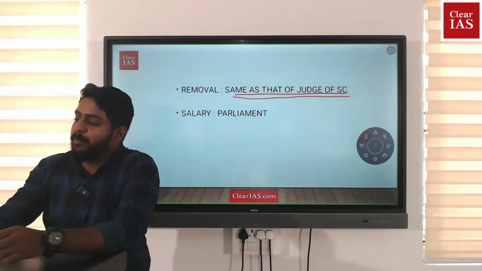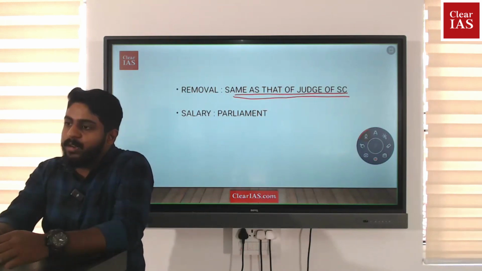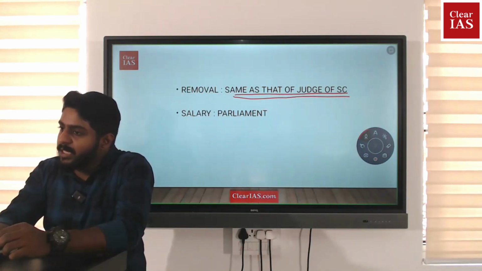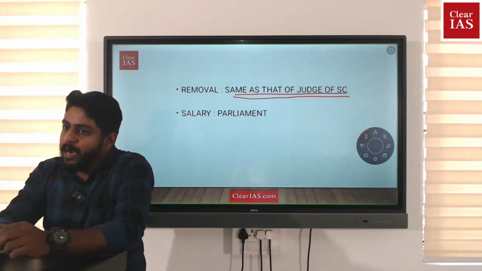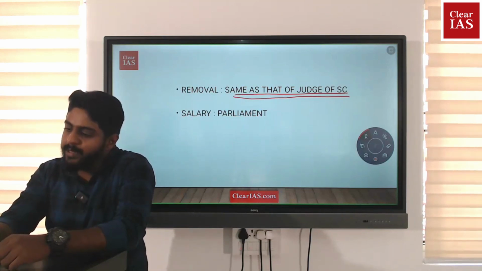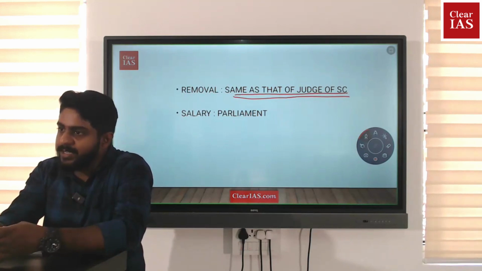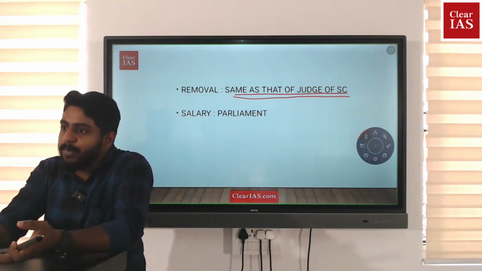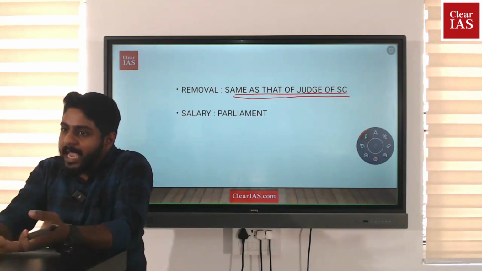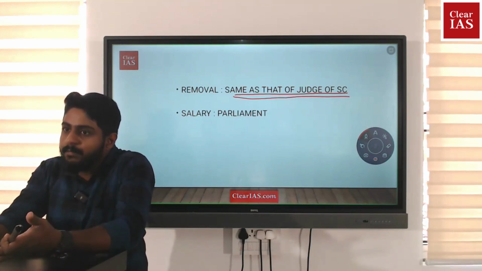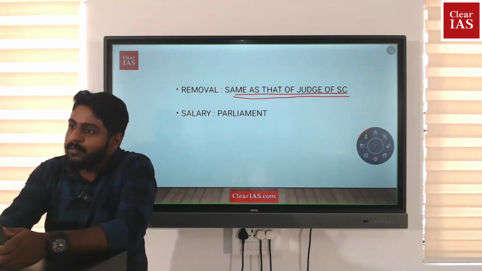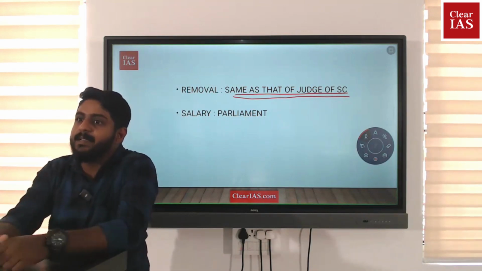When you make such a statement, what is the meaning it conveys? The judges of the Supreme Court are removed by the President of India. This is what you have said, isn't it? Which means the judges of the Supreme Court shall be removed by the President of India on the aid and advice of the Council of Ministers and the Prime Minister.